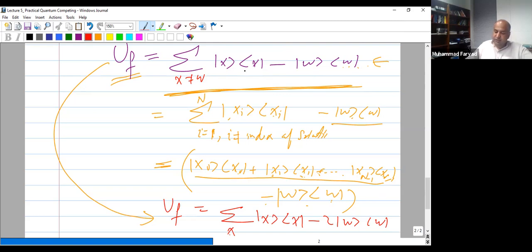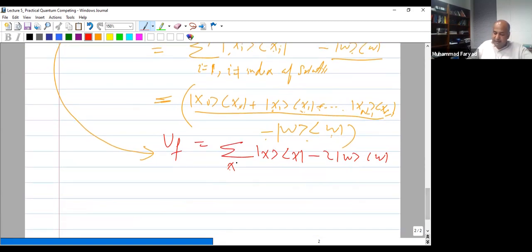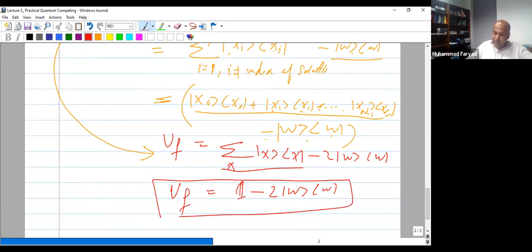Because I added another term W here, that W would have to be minus. But adding all of this simply means that I have an identity minus W, W. So it means this phase oracle can be written like this.